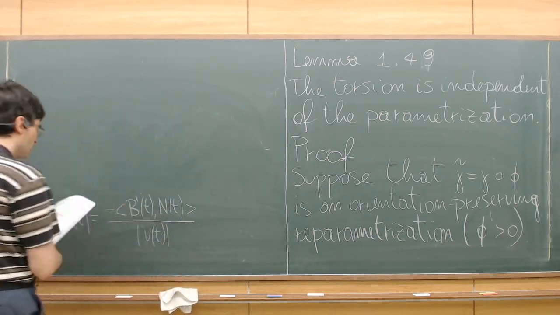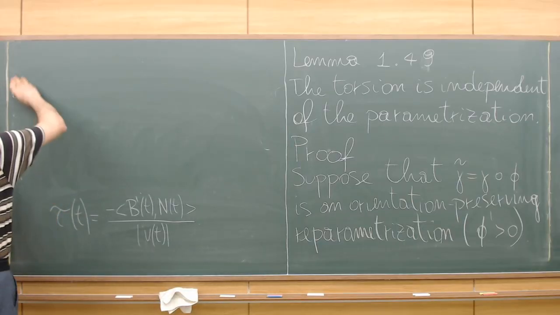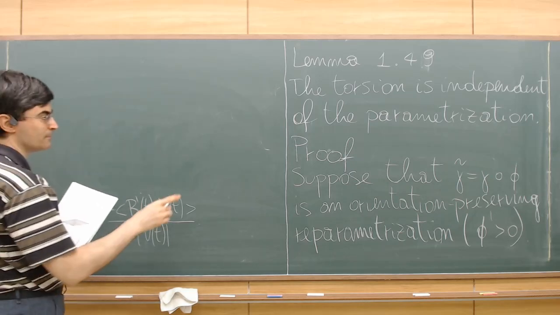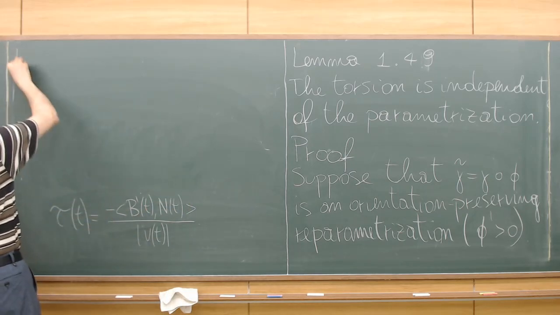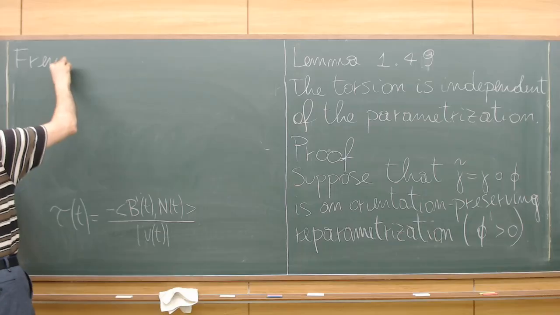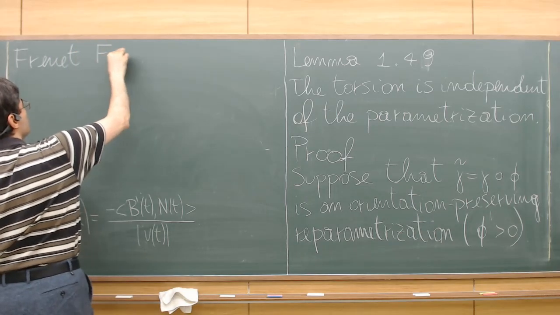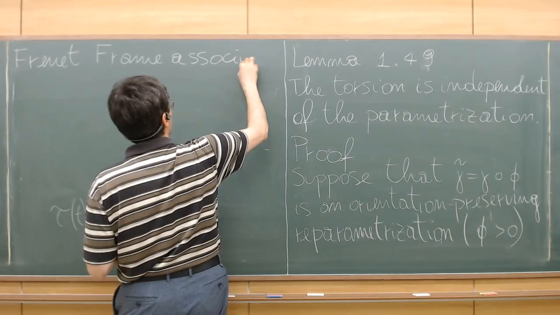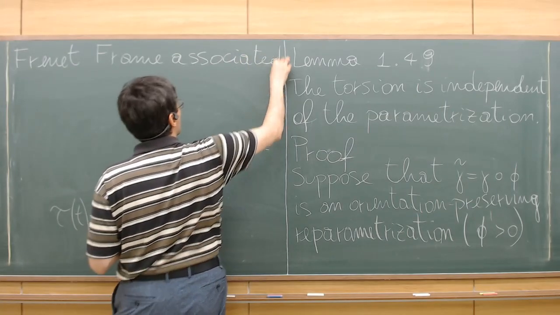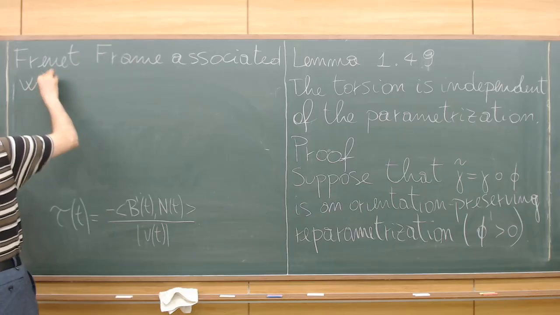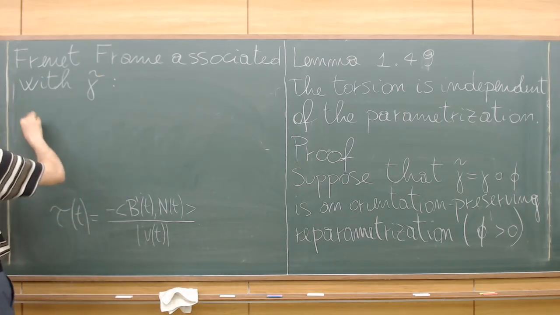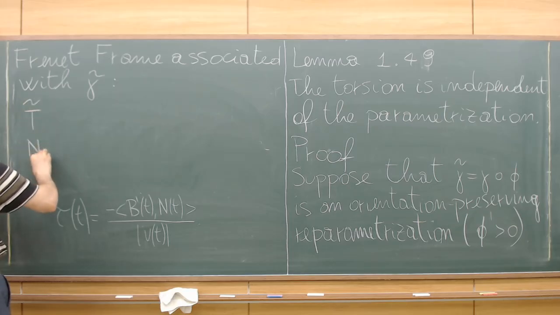Let's use the following notation for the Frenet frame associated with gamma tilde: T tilde, N tilde and B tilde.